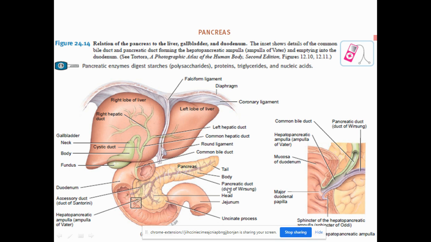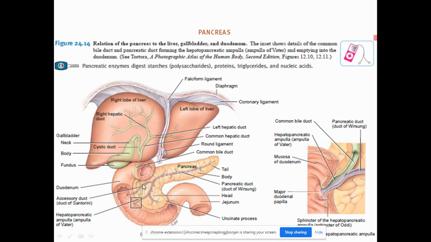What is another name of the pancreatic duct? It is called the duct of Wirsung. This is the other name for the pancreatic duct. There is another duct coming from here, which is a smaller duct, called the accessory duct.